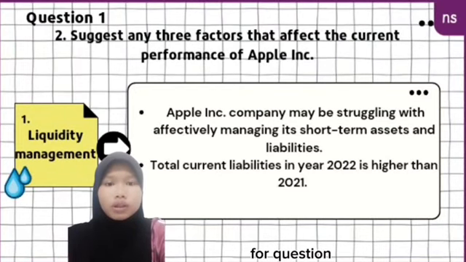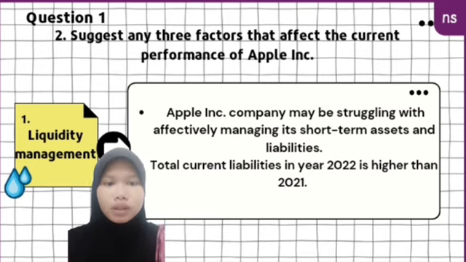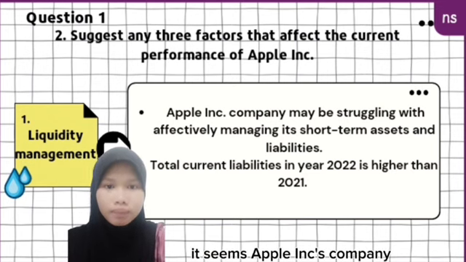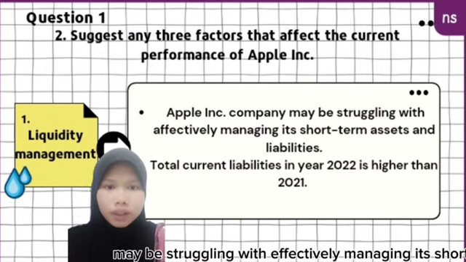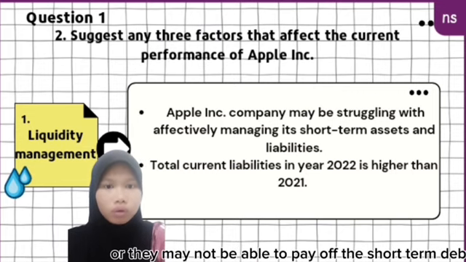For question 2, three factors that affect the current company performance are, first, liquidity management. It seems Apple Inc. may be struggling with effectively managing its short-term assets and liabilities, or may not be able to pay off its short-term debt.